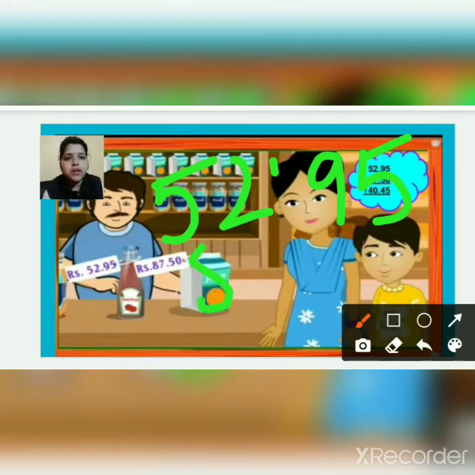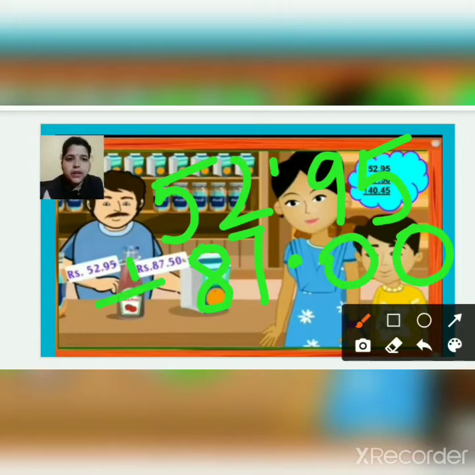So how to add a whole number and a decimal number? Make the point behind the whole number, increase the number of zeros you want, and then add both the numbers.